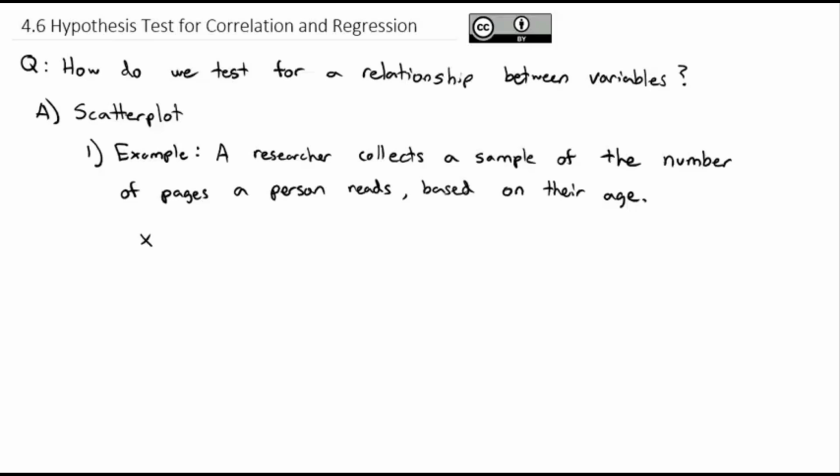So we've got, let's call the first column their age, and the second column the pages that they read.